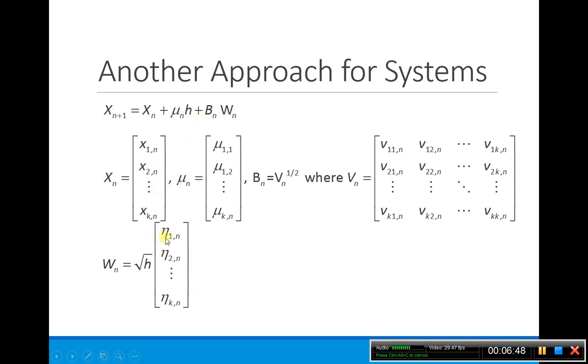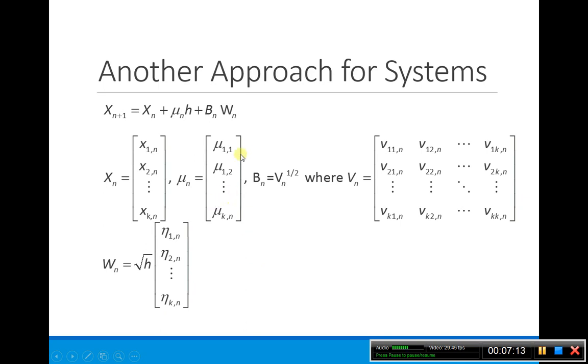Here we can think of these as vectors now, and we can simply say the new vector, the next time step, is the old vector plus our mu's, and then we calculate the square root of this matrix and multiply it by this vector. So we basically do matrix vector multiplication.